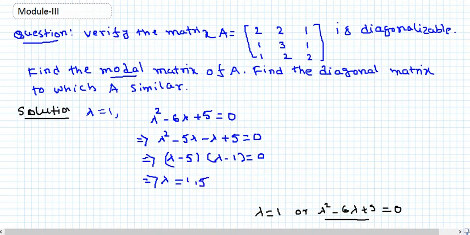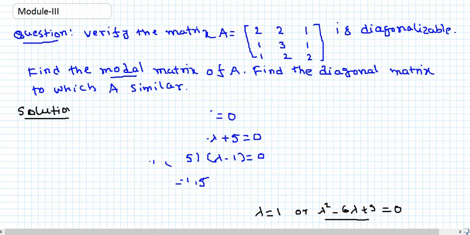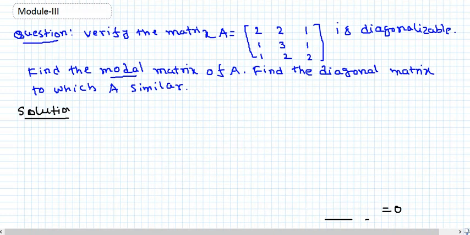So we have basically two different eigenvalues, but in total we have 3 eigenvalues. One is 1, another is 5. So the eigenvalues of the matrix A are, let me write down, 1 two times, do not forget to write 1 two times, and 5. So the first step is clear.